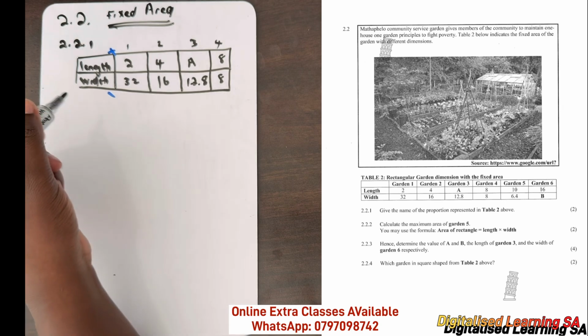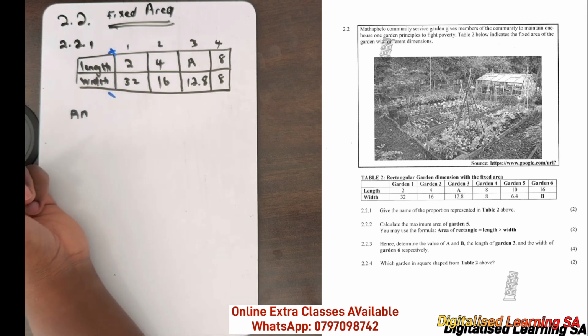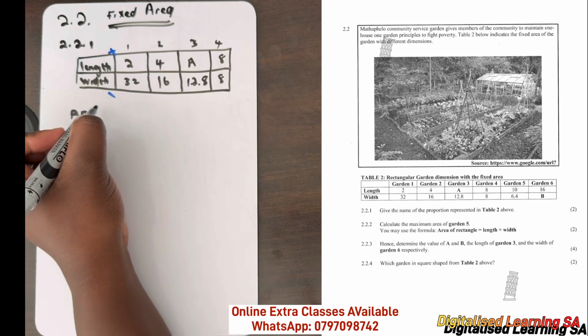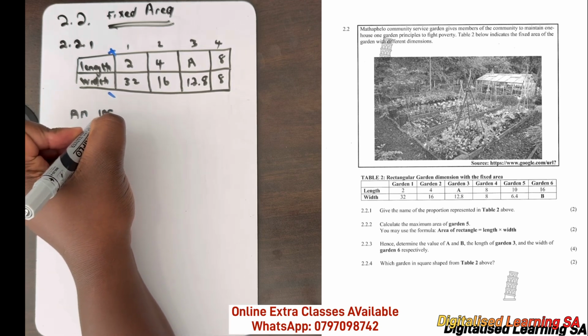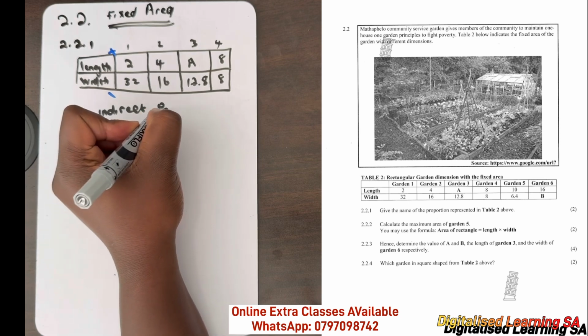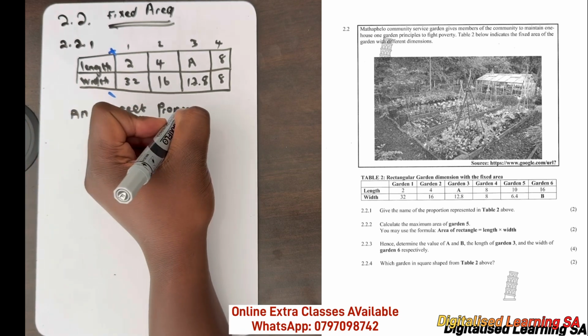Our answer is an indirect proportion, based on the relationship we just identified.